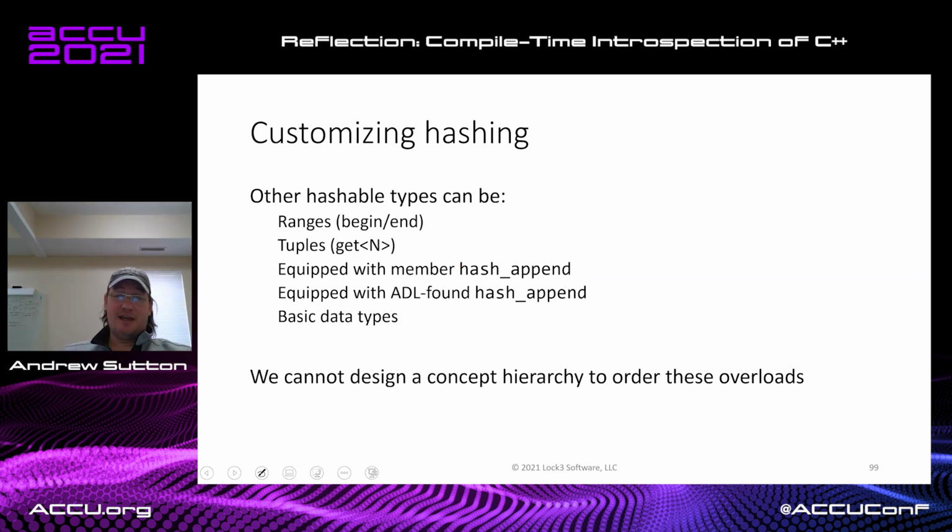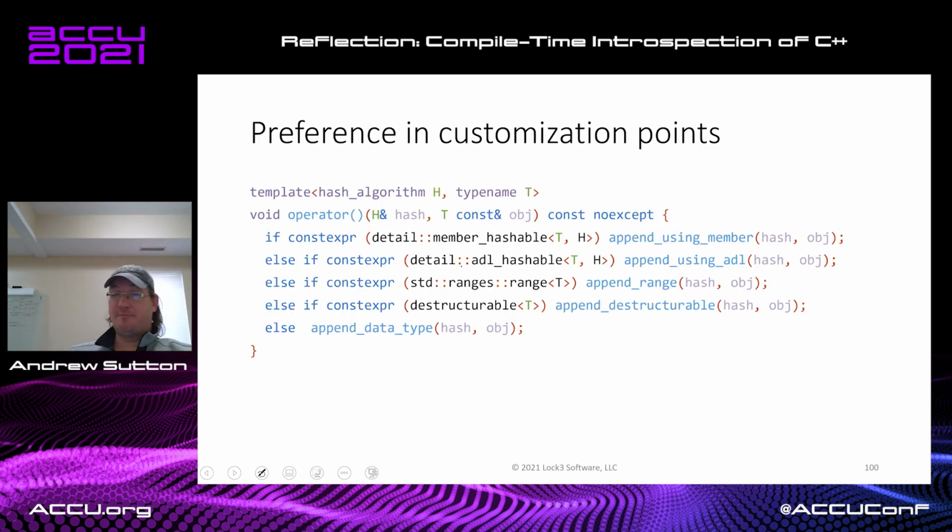And then we have these basic data types. Again, this is the exact same problem we had before, that we have a set of concepts that are completely unrelated to each other.